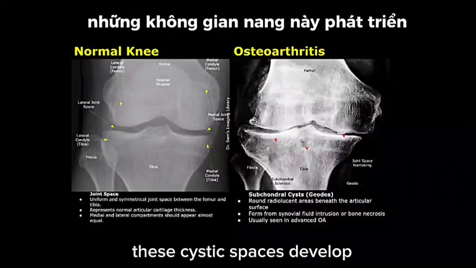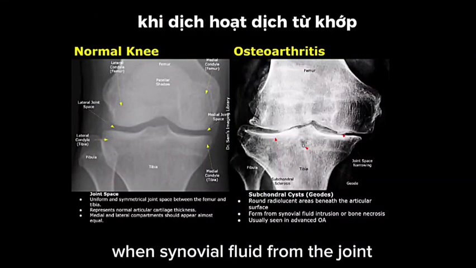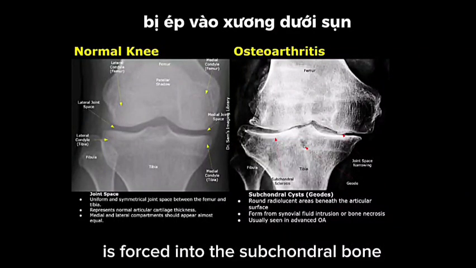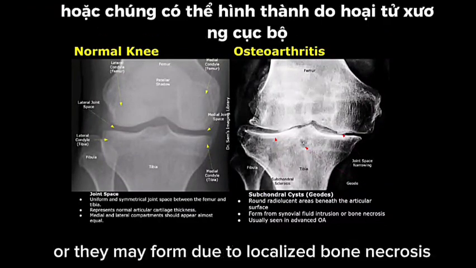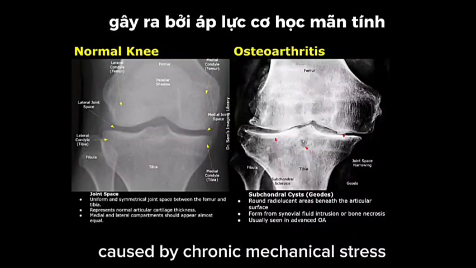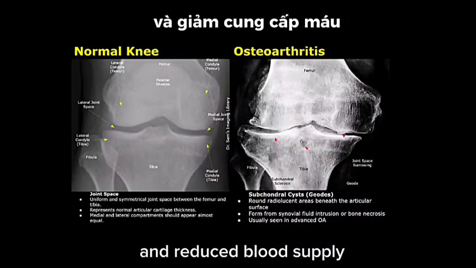These cystic spaces develop when synovial fluid from the joint is forced into the subchondral bone through small defects in the cartilage, or they may form due to localized bone necrosis caused by chronic mechanical stress and reduced blood supply.